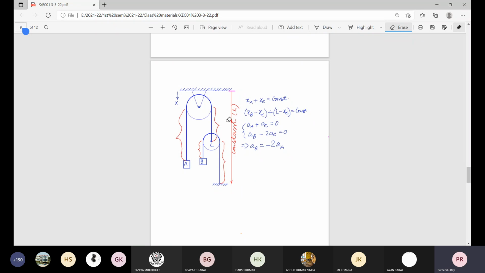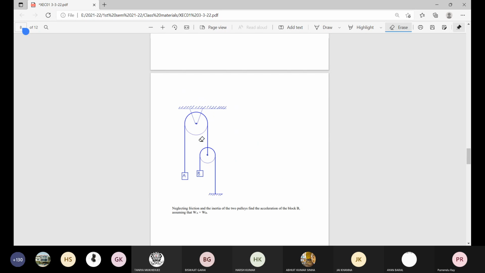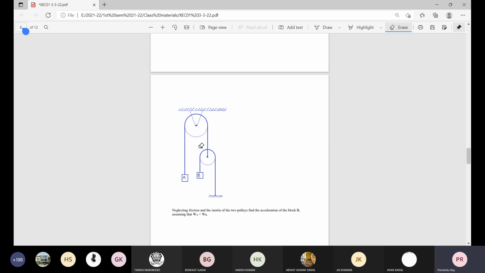Maybe this is the same diagram. Suppose, instead of this portion, we replace it by a string.